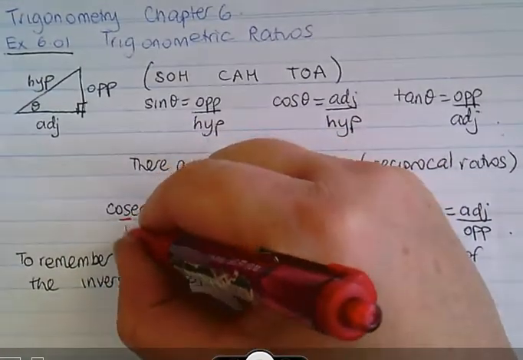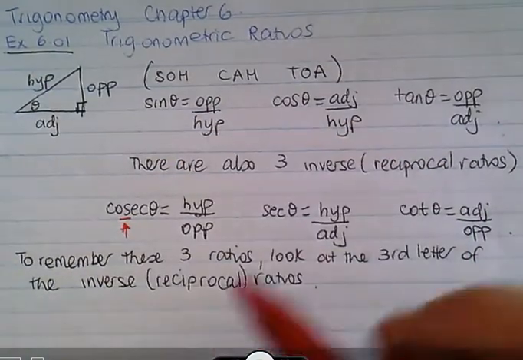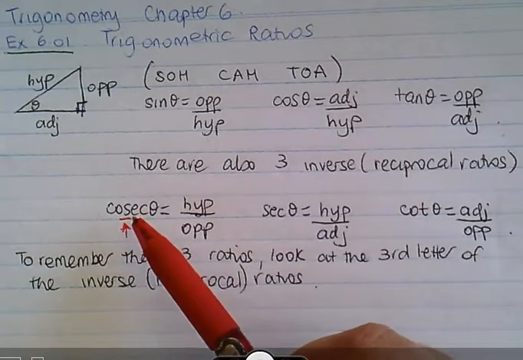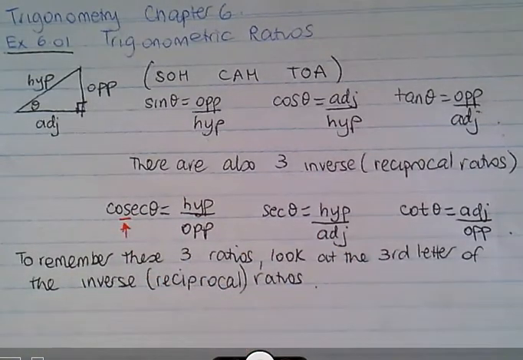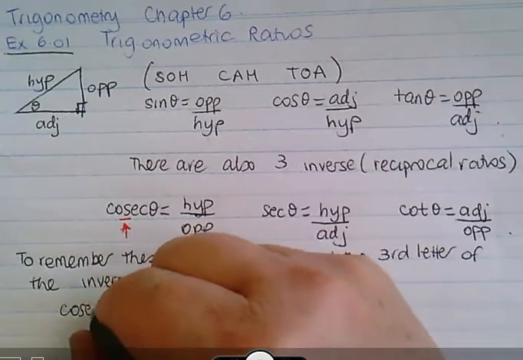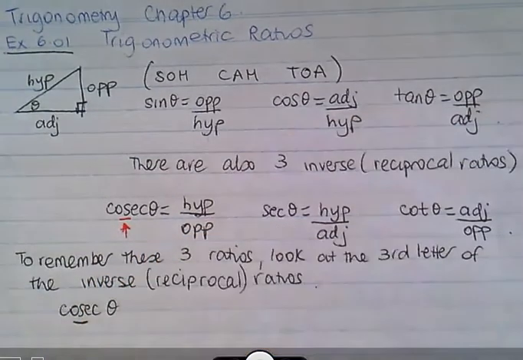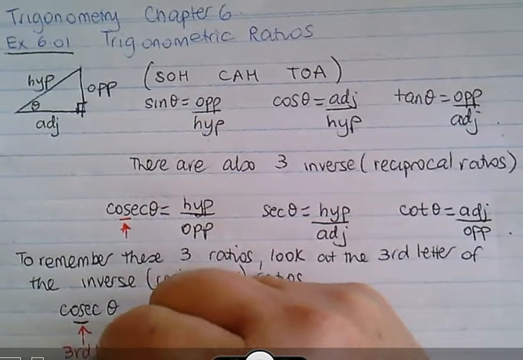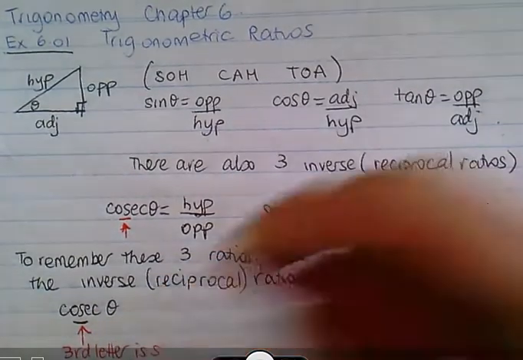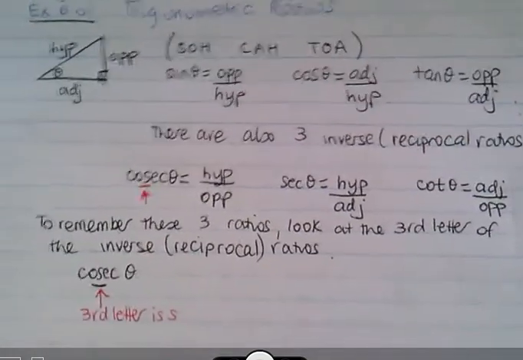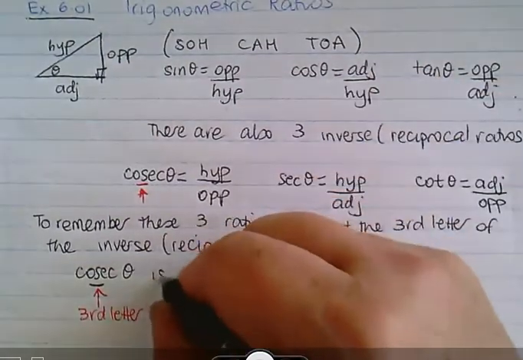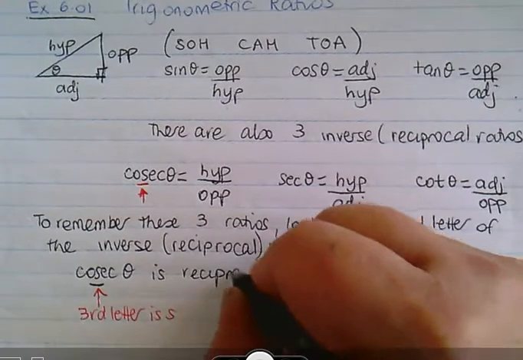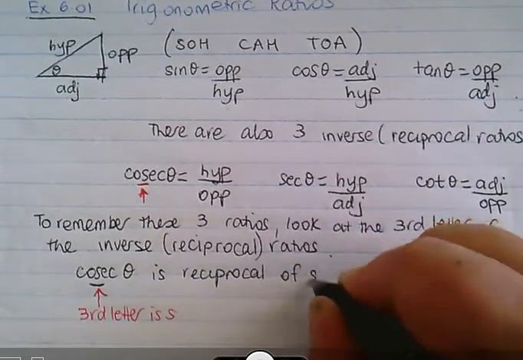S. So it's the reciprocal of the sine ratio. So cosec theta, third letter is S. So cosec theta is the reciprocal, or the flip, of sine theta.